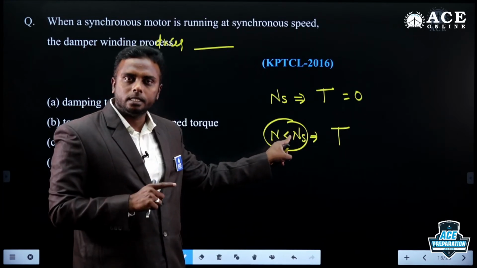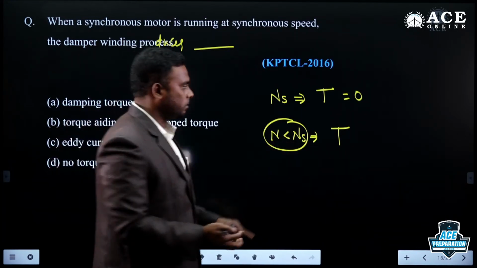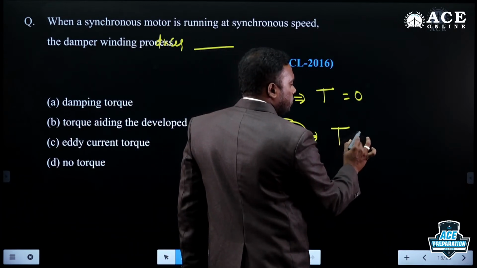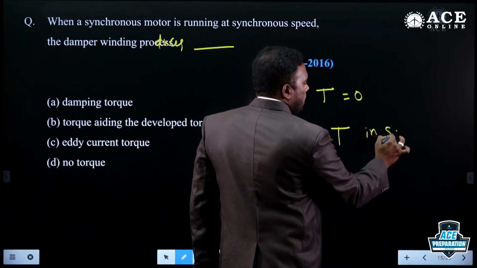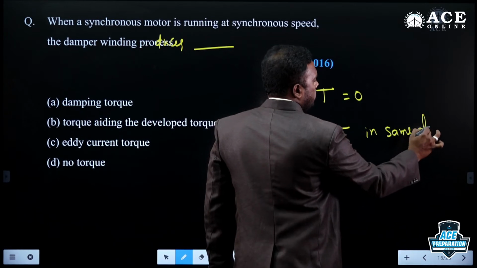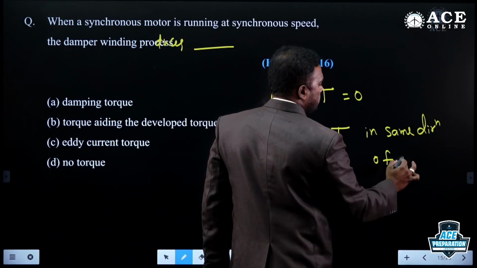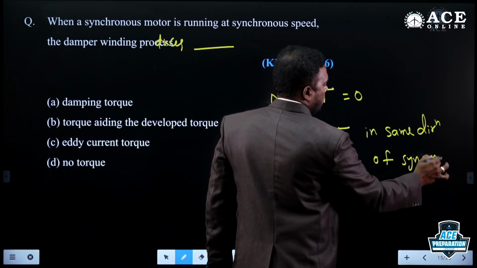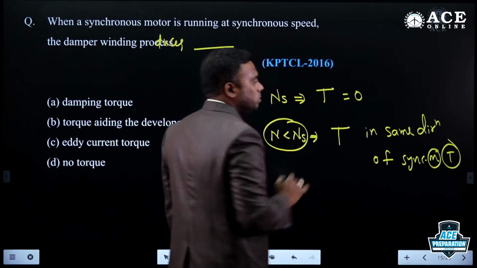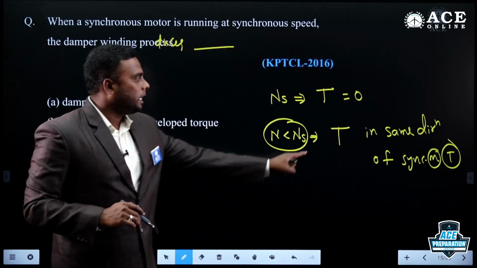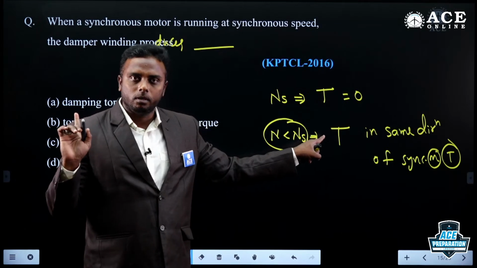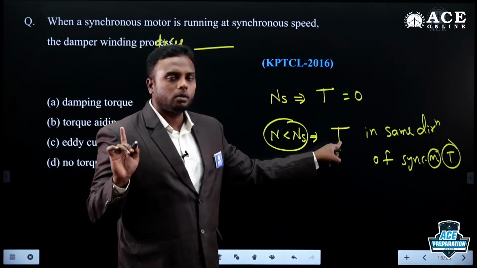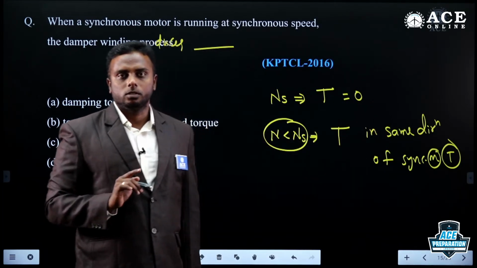N less than Ns is induction motor action, so the torque produced will be in the same direction as the synchronous motor torque. So this is additional torque developed by the damper bars, in the same direction as the synchronous motor torque.